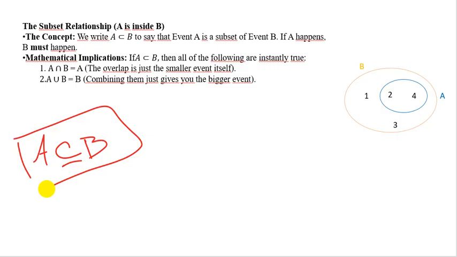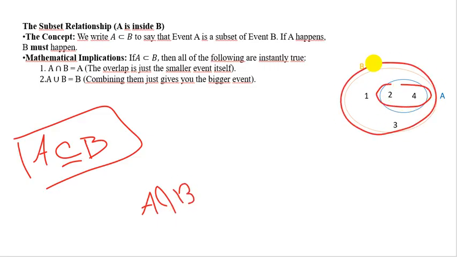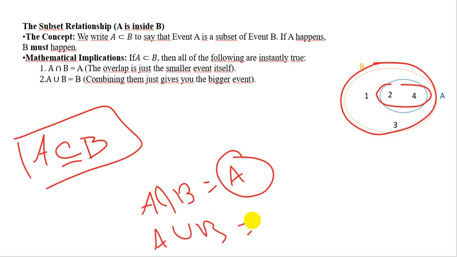So we have to know that if A is a subset of B, then the following is instantly true. The first is A inter B: A here inter this, the smallest is the result, so it is A. And A union B: if we take A and add it to B, you get only B, because A is the smallest, so we take the largest.